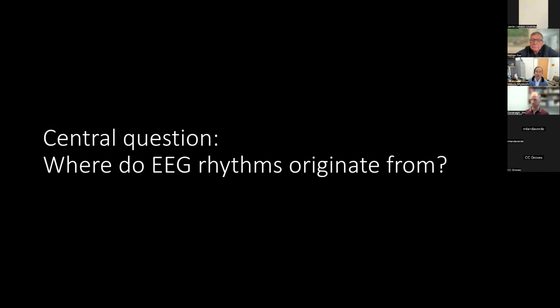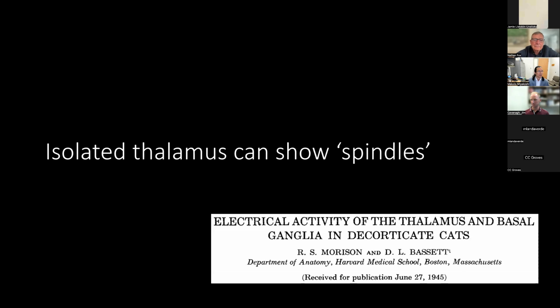Now, today I'm going to focus on this central question, which is where do EEG rhythms originate from? Because this has also been the central question of the history of the EEG, at least in the 20th century. So I will go back way more, to the end of World War II.